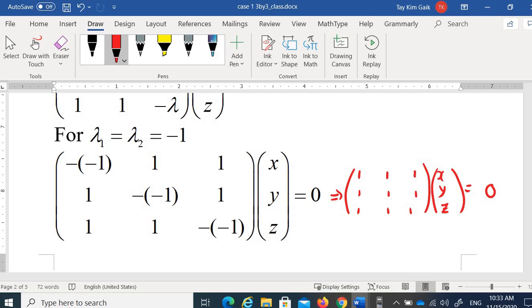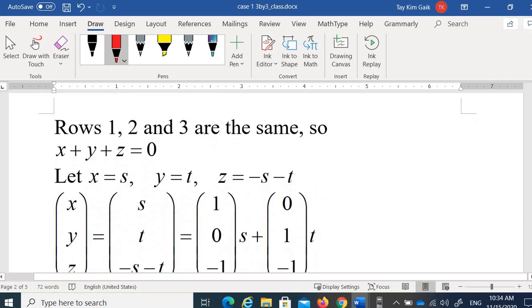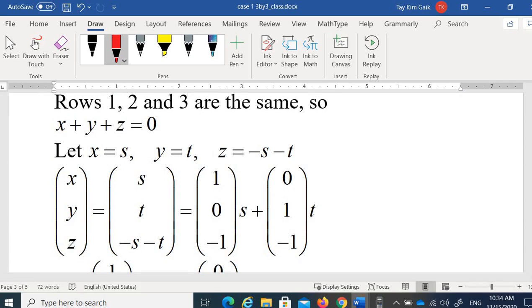Equal to the zero vector. Hence, the 3 unknowns reduce to only one equation, which is x plus y plus z equal to 0. Since we have 3 unknowns with 1 equation, we have infinitely many solutions.